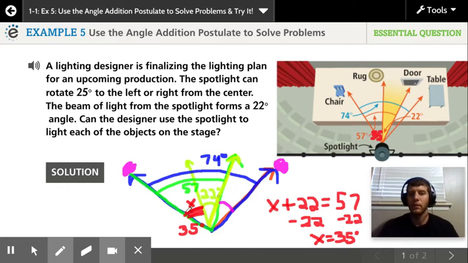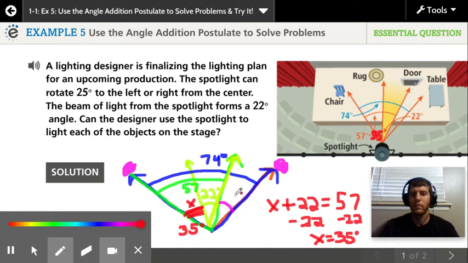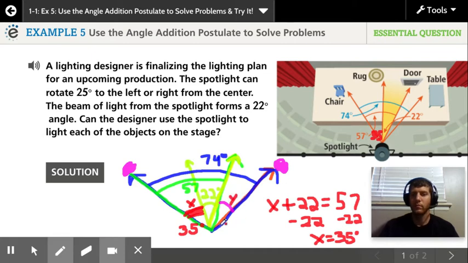All right, let's call this y. To find y now, we know that the whole big angle here is 74. We know that this piece is 57. So 57 plus y should give us the whole thing of 74.